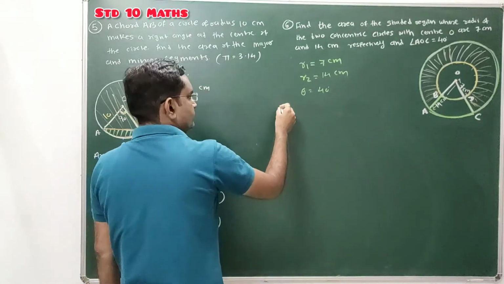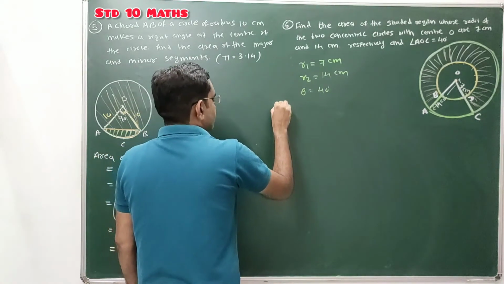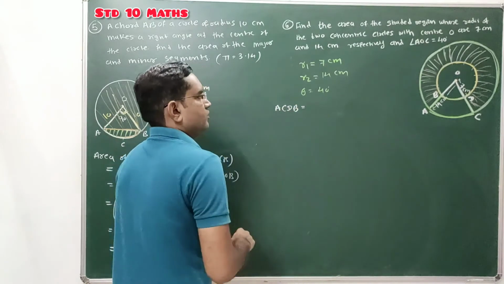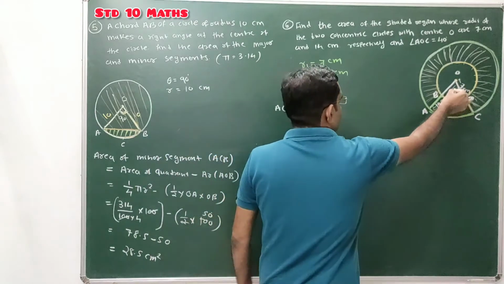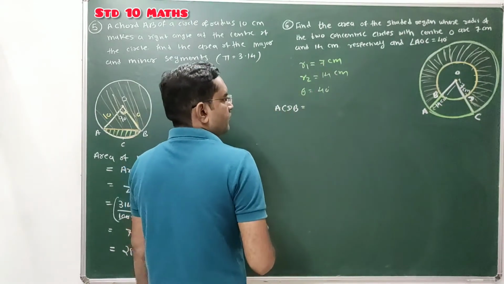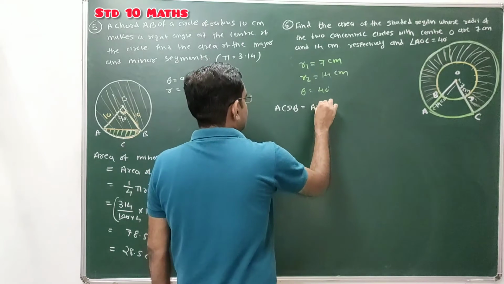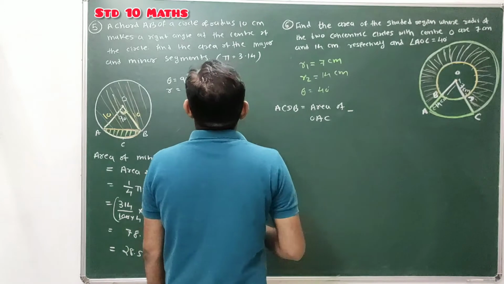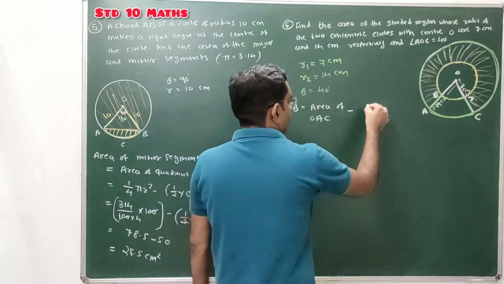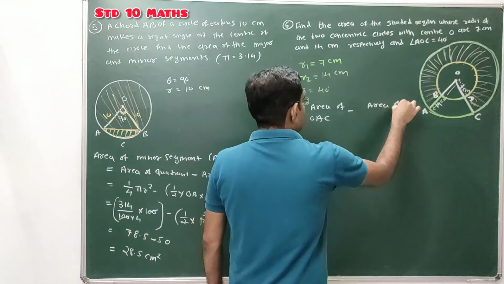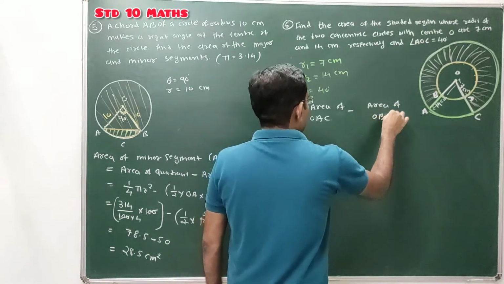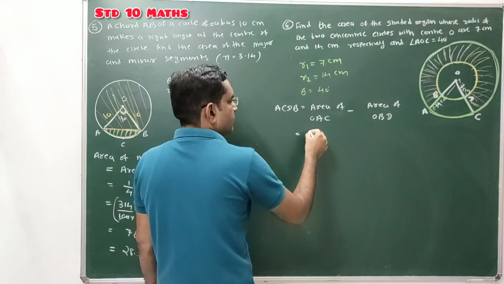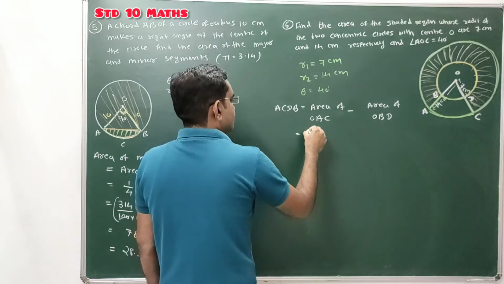So now, first, area of ACDB is equal to the subtraction of the areas of two sectors, OAC minus OBD. Area of sector OAC minus area of sector OBD. So area of a sector is pi r square theta by 360.